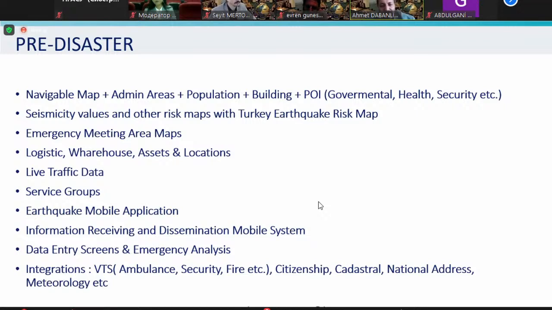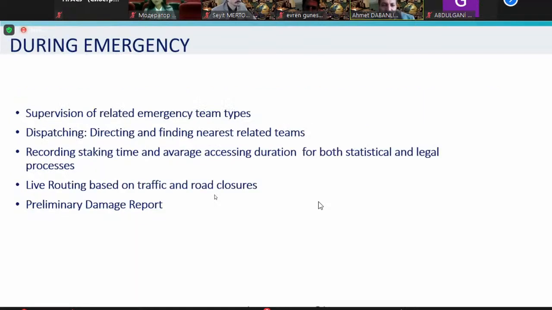There are many screens and analyses in these applications, and we made many integrations with the vehicle tracking systems, citizenship records, cadastral information, the national address system, and methodology for preliminary disaster and emergency cases. During the emergency, the supervision of the related emergency teams, such as police, security, fire, hospital, or ambulance, what is needed is defined, and they are dispatched.